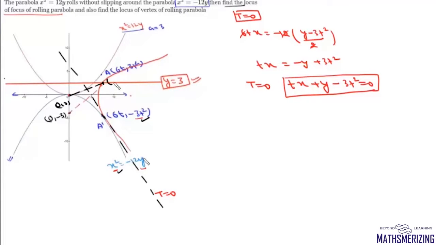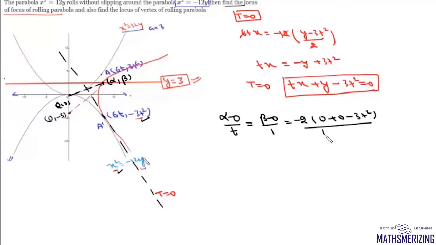Now say this vertex is (alpha, beta). So now we'll use formula for reflection. So we'll reflect origin about this line, then we can write (alpha minus 0) upon t equals (beta minus 0) upon 1, and this is minus 2 times (if we put x and y as 0) (0 plus 0 minus 3t square) upon (1 plus t square).